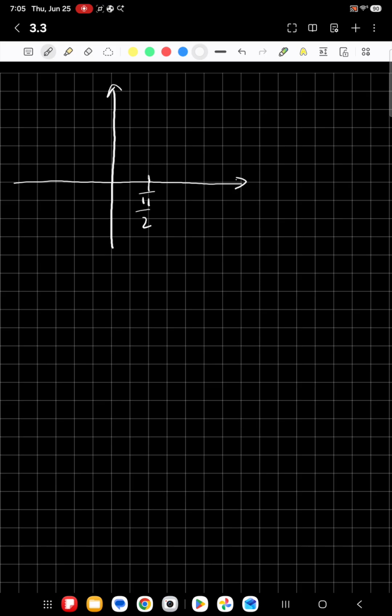Okay, so what's going on? So we have a graph of sine. Maybe this is pi over 2. This is pi. Negative pi over 2. Negative pi. And I hope you remember.